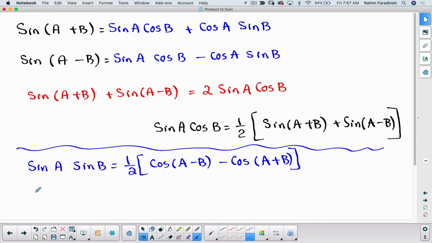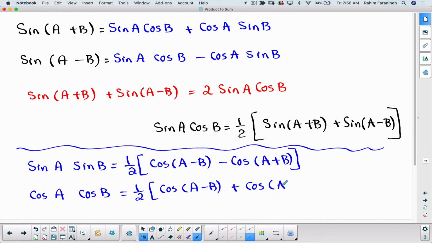We also found that cosine a cosine b is equal to 1/2 times cosine of a minus b plus cosine of a plus b.